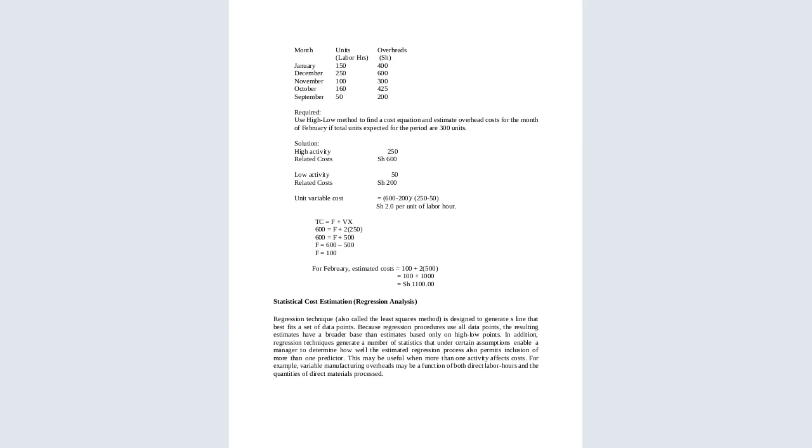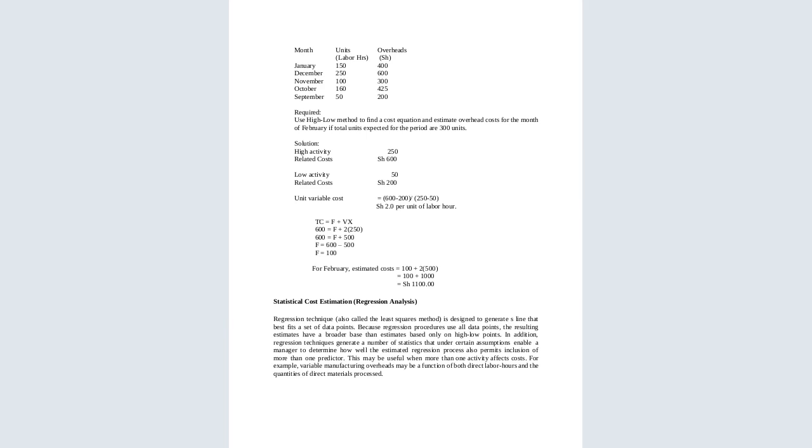So we need to come up with our total cost function. Total cost function is fixed cost plus variable cost. How do you get the fixed cost? We can take any value, the highest or the lowest, and place it in the equation.